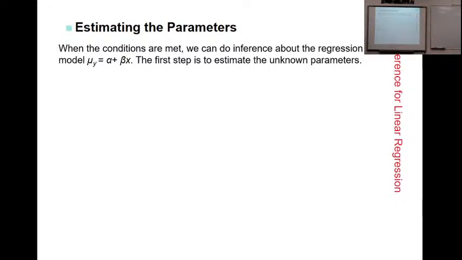The model is alpha plus beta x. The reason we're using alpha and beta here is because these are parameters for the actual slope and y-intercept of all of the data.